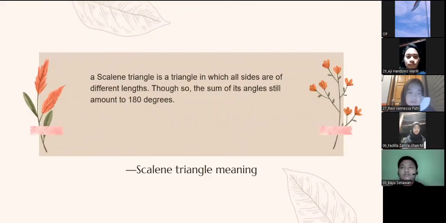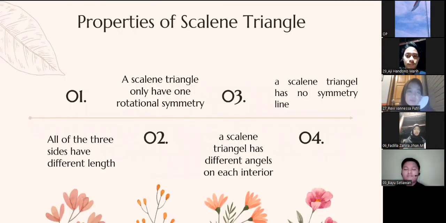A scalene triangle is a triangle in which all sides are of different length. So the sum of its angles still amounts to 180 degrees. Properties of a scalene triangle. Number 1, all three sides have different lengths. Number 2, a scalene triangle only has one rotation symmetry. Number 3, a scalene triangle has different angles on each interior.